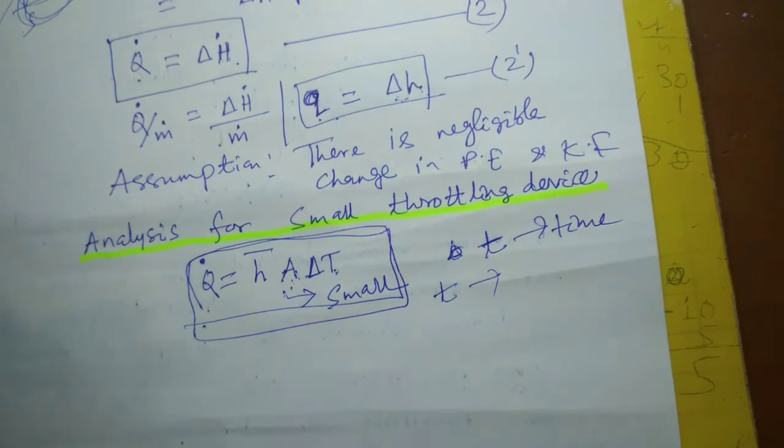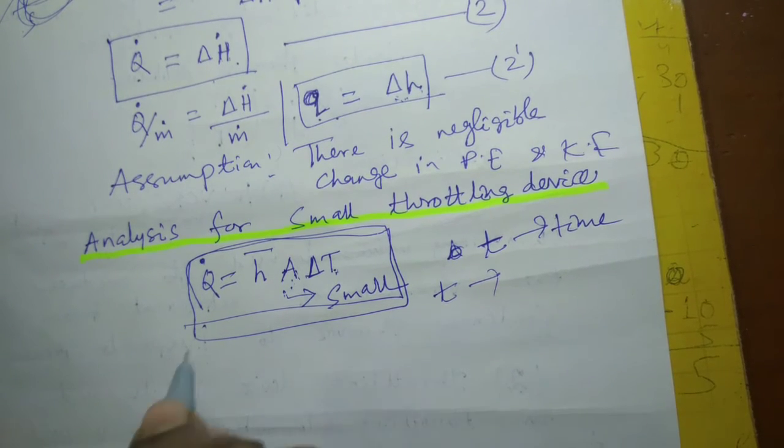Since the device is very small, there will not be enough time while the fluid is flowing, because the fluid flows through the device within a very little time period. Time is of course required for any heat transfer to take place.